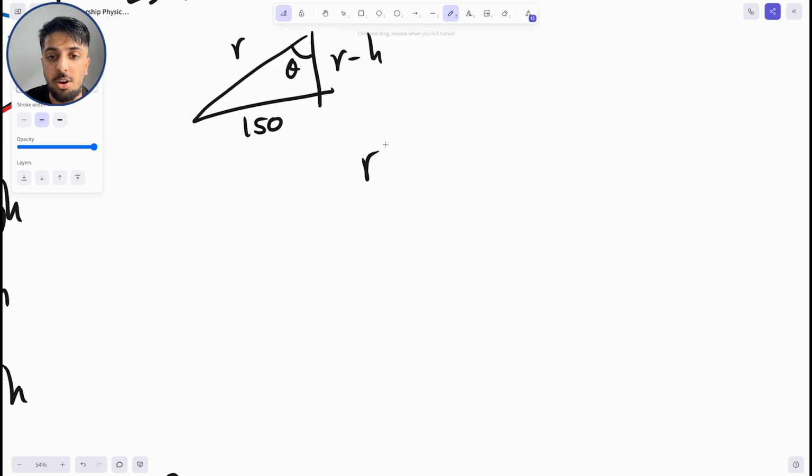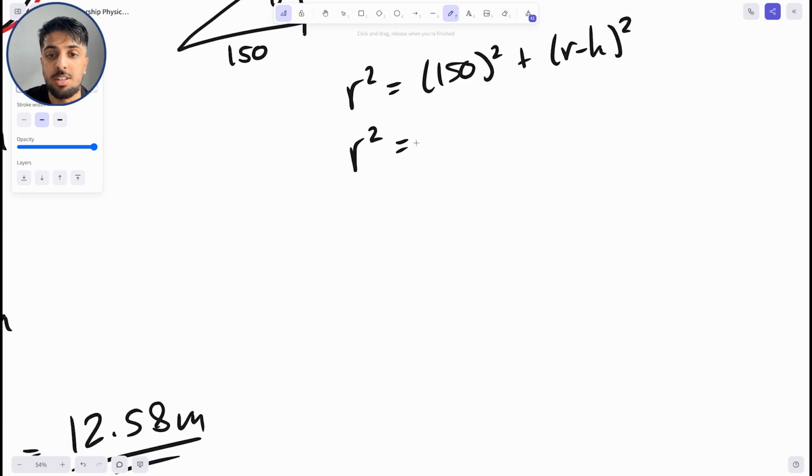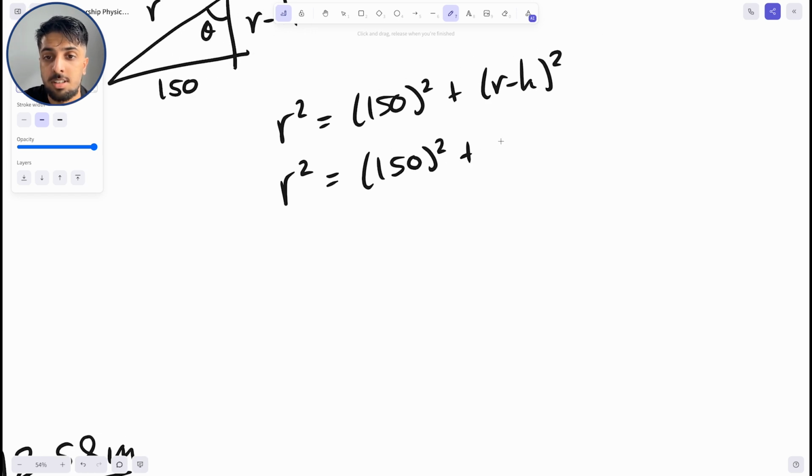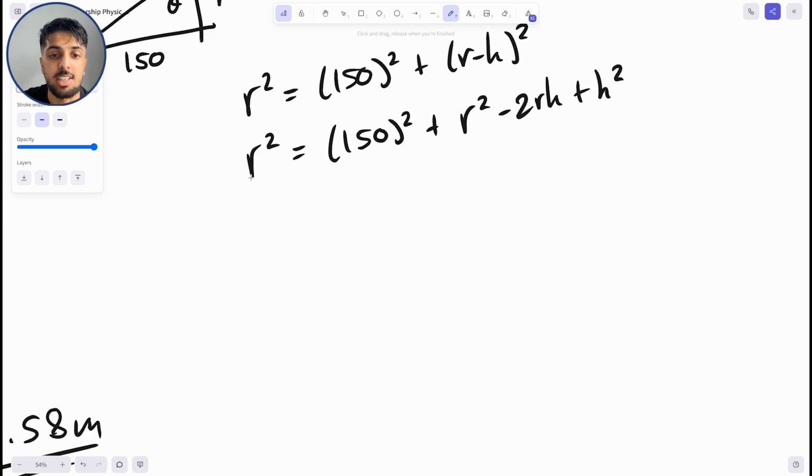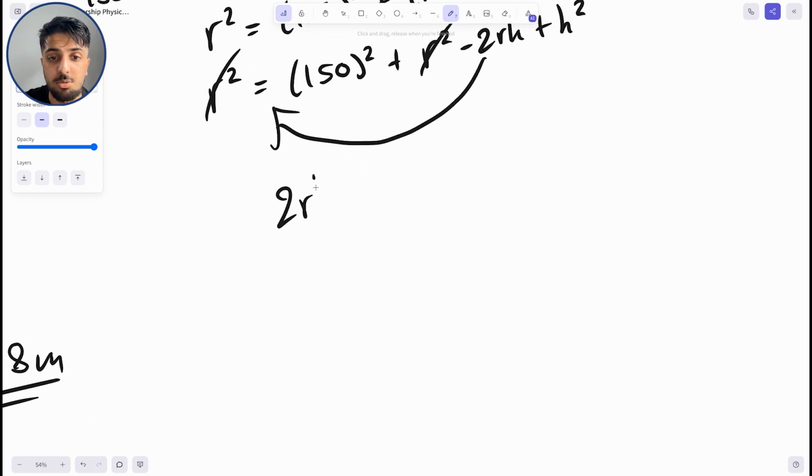So we know that means our r squared is equal to 150 squared plus r minus h squared. Therefore, our r squared is equal to 150 squared plus r squared minus 2rh plus h squared. And so we can cancel out our r's on both sides, and we can move this 2rh onto this side right here. So we get 2rh is equal to 150 squared plus h squared.